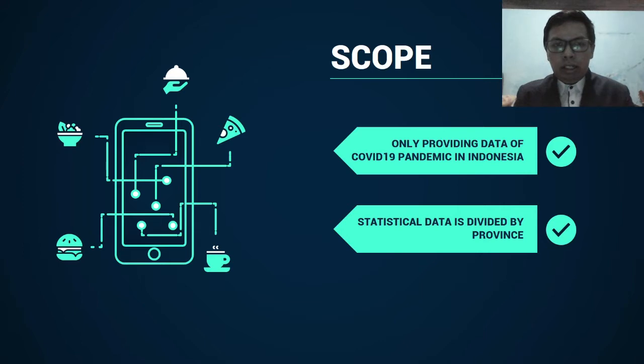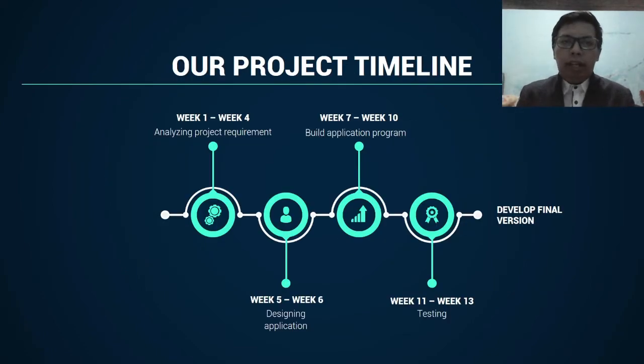But in our progress, we couldn't find an API resource that divides statistical data of COVID-19 by city. It is just divided by province. We got an API from BNPB of Indonesia.